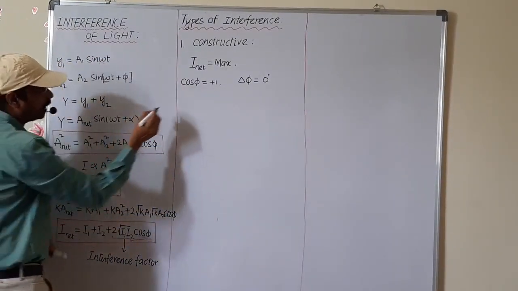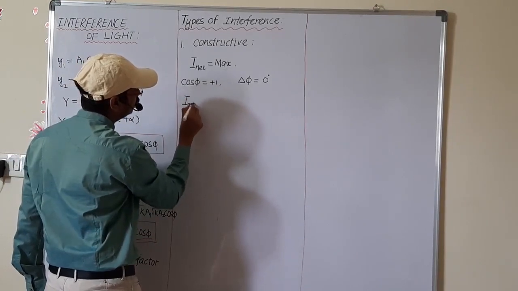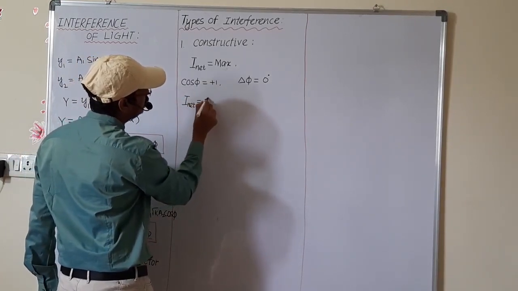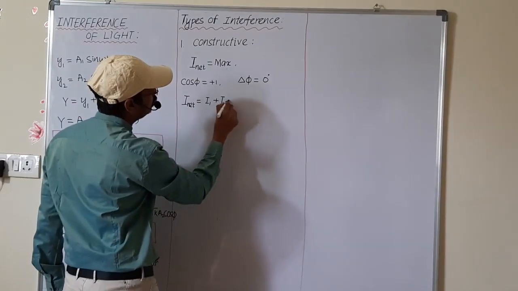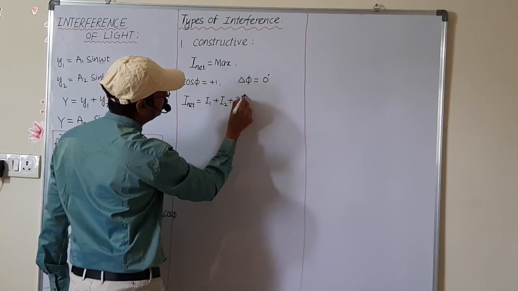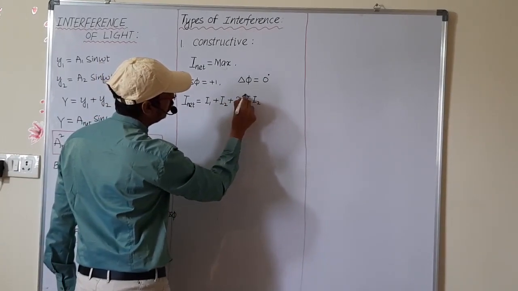If we substitute there, I net is I1 plus I2 plus 2 root I1 I2.